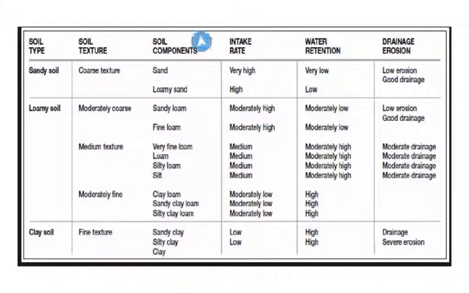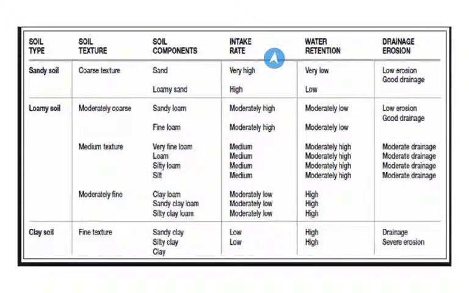Here are some of the things that it has in there, like sand and loamy sand, the intake rate, the rate that it intakes water, and how it retains water. You're going to be copying this down in your notebook, and we're going to be having questions based off of this.